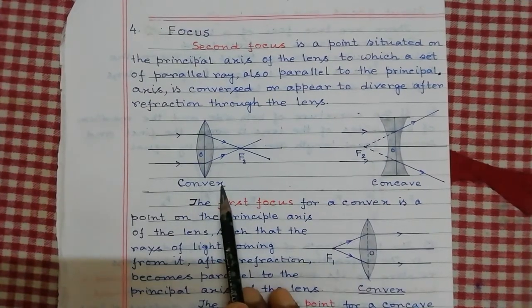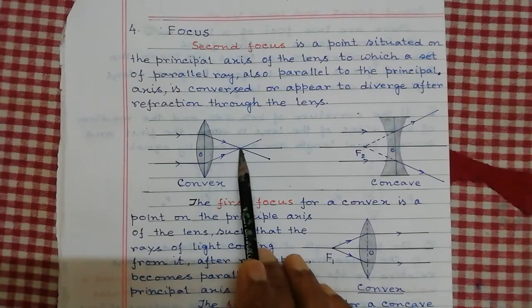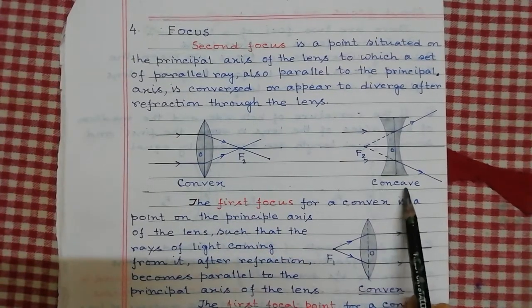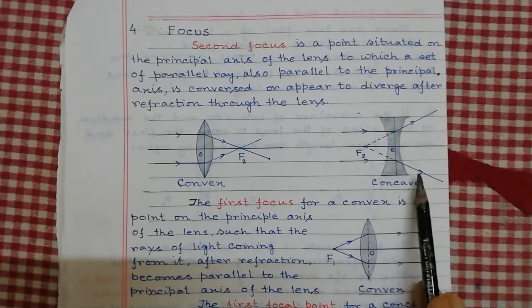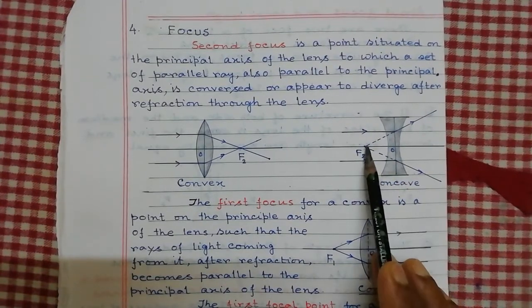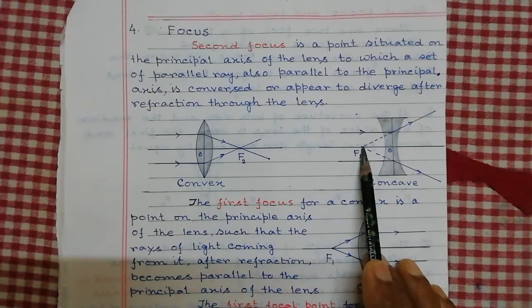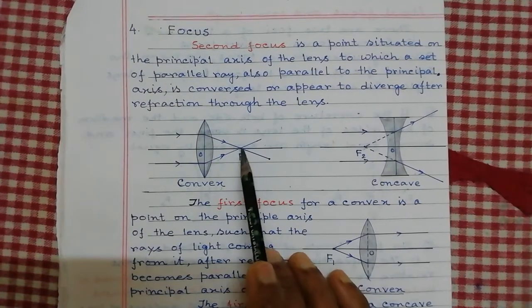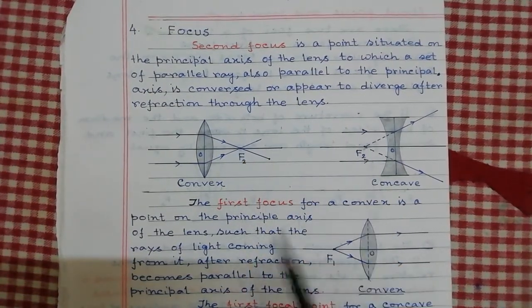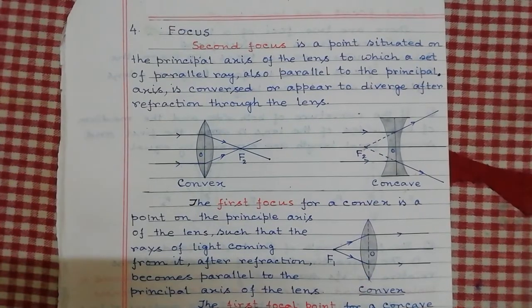For the convex lens, the refracted ray converges at a point on the principal axis. For the concave lens, the refracted ray seems to appear from a point on the principal axis. This point is known as the second focus of the lens.